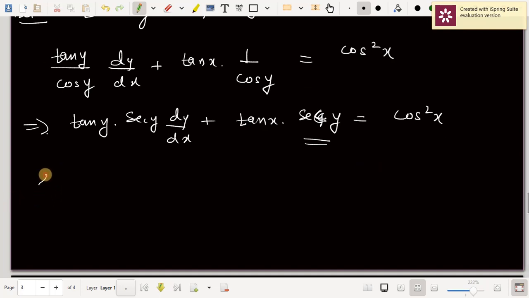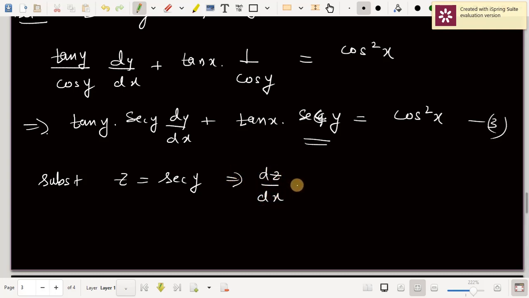So we substitute, let me call this equation 3, substitute z is equal to sec y, and so dz by dx will be same as derivative of sec y, that is sec y tan y into dy by dx. So this whole term is appearing over here, and so we can replace it as it is.